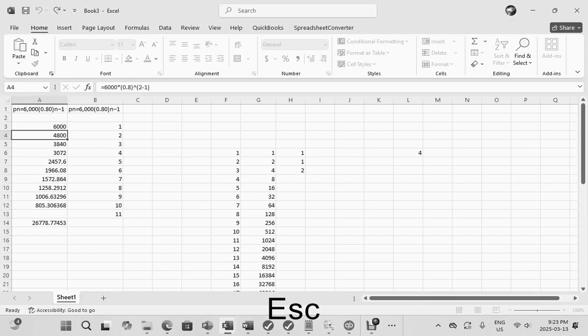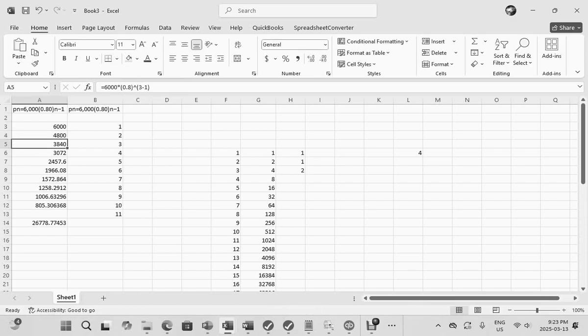For your third calculation, this is 3 minus 1. For your fourth calculation, this will be 4 minus 1, 5 minus 1 for your fifth calculation, then 6, 7, 8, 9, and 10.